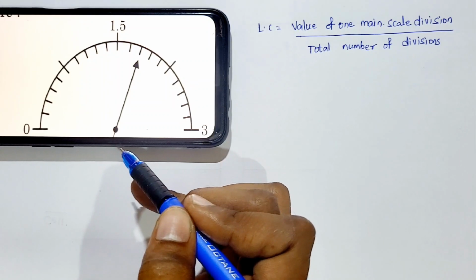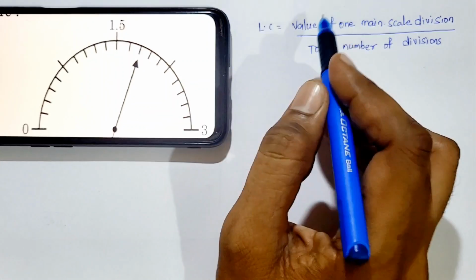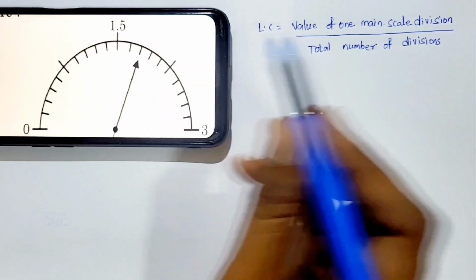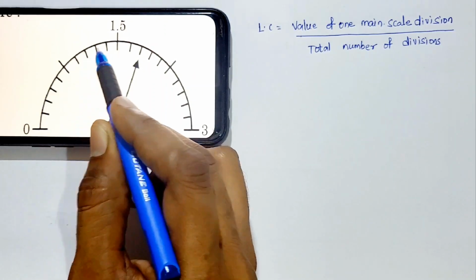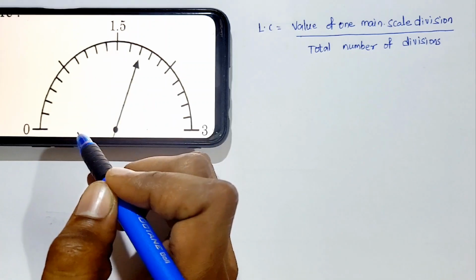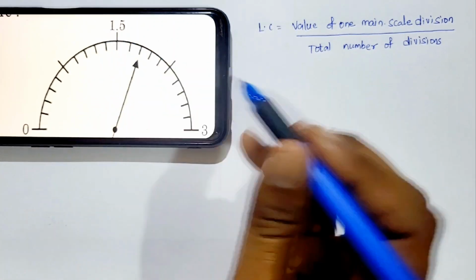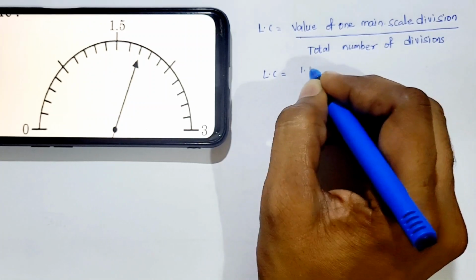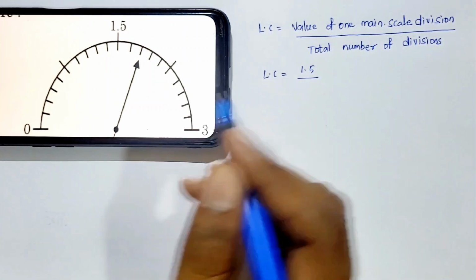See, what is the least count now? We know the least count formula is the value of one main scale division divided by the total number of divisions. What is the value of one main scale division here? 1.5. So the least count is 1.5 divided by the total number of divisions.